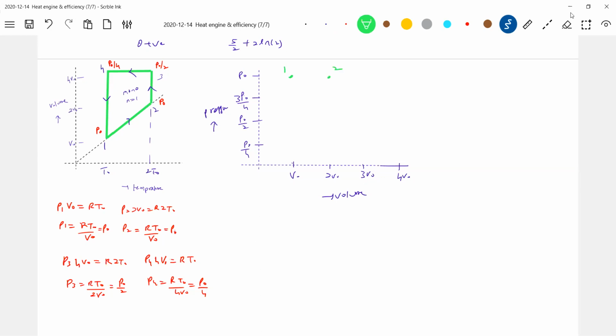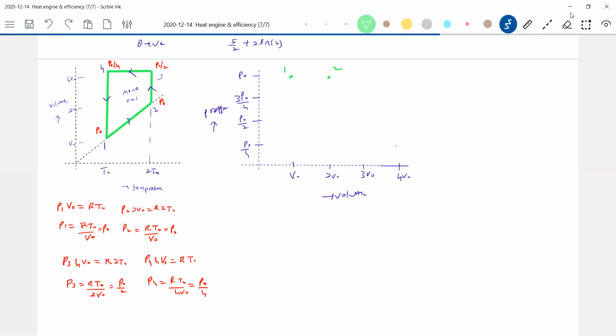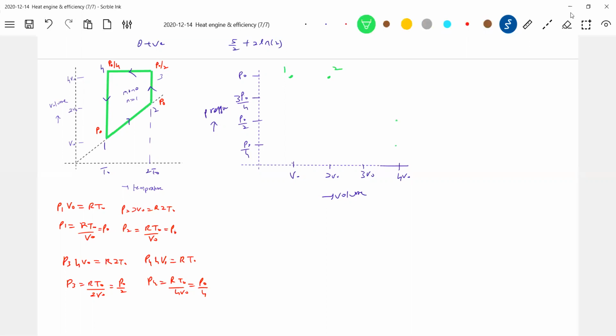Point 3, P naught by 2, and volume is 4 V naught. Okay, there's point 3, P naught by 2, no? Point 4, P naught by 4, and 4 V naught.